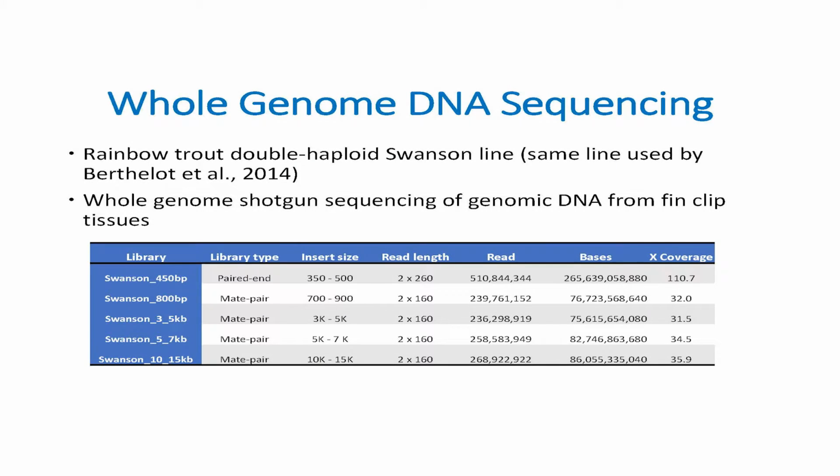We started this assembly by sequencing the rainbow trout doubled haploid Swanson line fish. The same sample was also used by the current version of the rainbow trout assembly. The sequences were generated from 5 libraries, 1 paired-end library and 4 mate pair libraries.